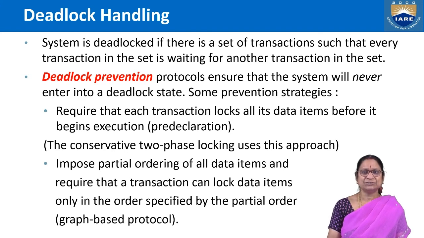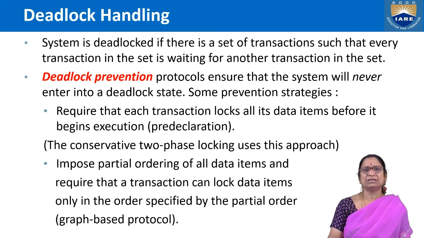One technique requires that each transaction locks all its data items before it begins execution. Generally, whenever an operation is required on a particular data item, the lock is requested then. But to prevent entering the deadlock state, one technique is that for all the data items used in our transaction, all locks are requested at the beginning itself, and until the transaction completes, they are not released.